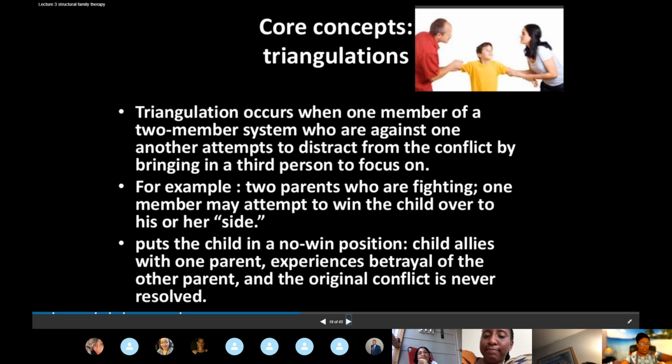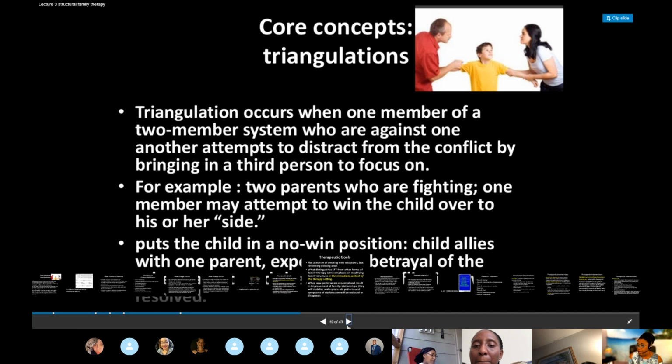The goal of the triangulation is to diffuse what's going on right here. So sometimes, like, mom and dad are fighting, and suddenly Johnny has an incident at school, because then what he is doing is trying to break up that fighting process. So mom and dad are fighting. She calls, I'm going to call your mom and tell her what you're doing. Exactly. And Elaine, correct. 2 people, and then they bring in a third person to try to diffuse what's happening with those 2 people. Perfect.